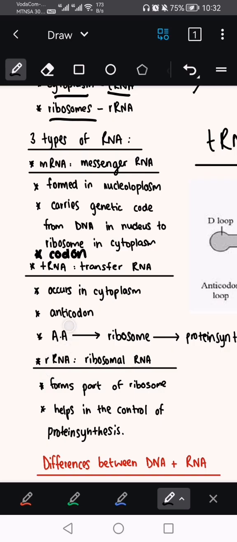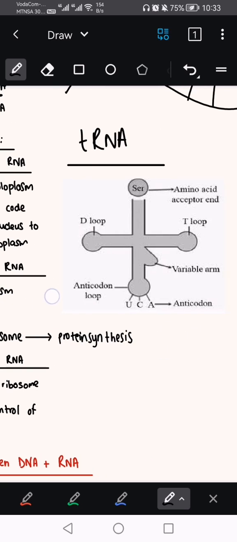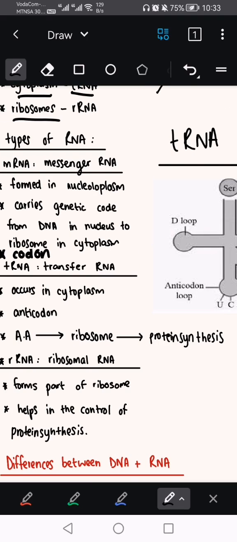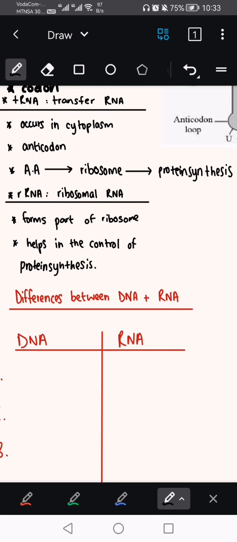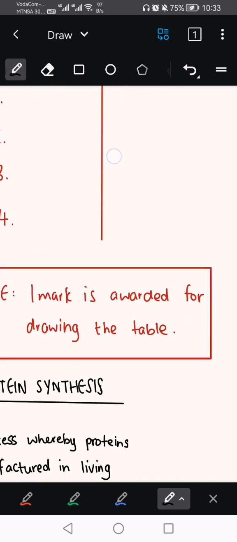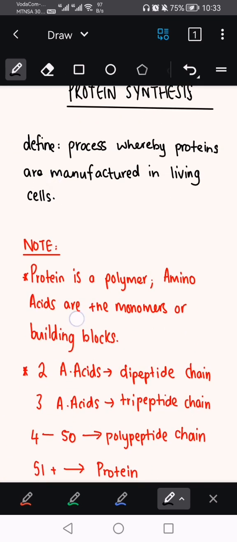It picks up an amino acid and takes it to a ribosome where several amino acids will bond via peptide bonds, the process of protein synthesis will happen, and it will give you the required protein. Then rRNA, or ribosomal RNA, forms part of the ribosome, and it helps control protein synthesis. Quite simple to understand.